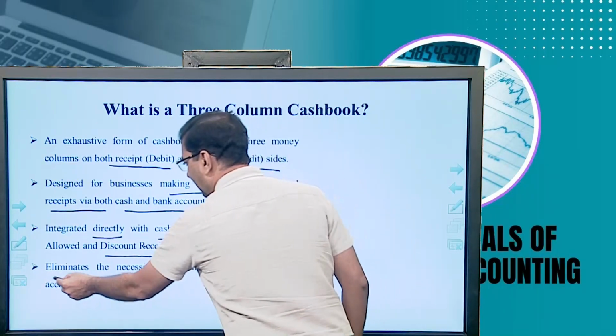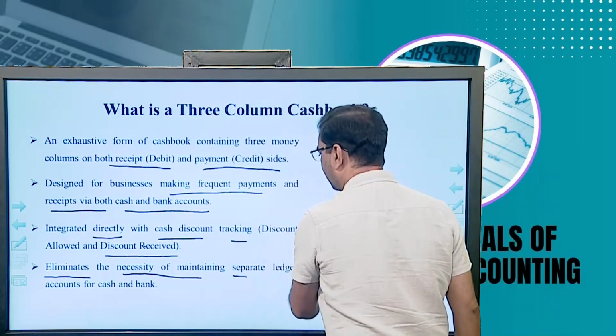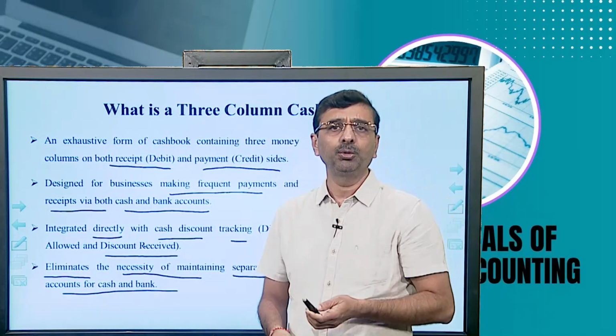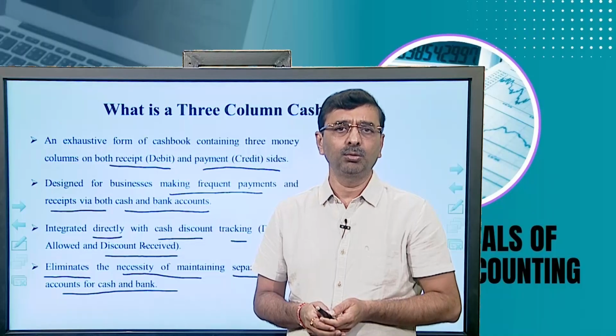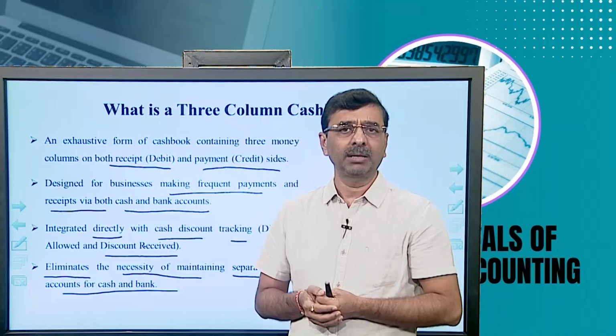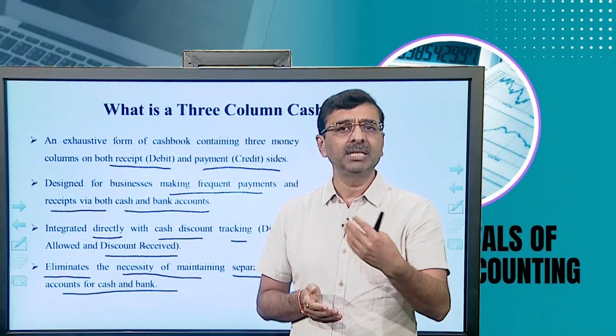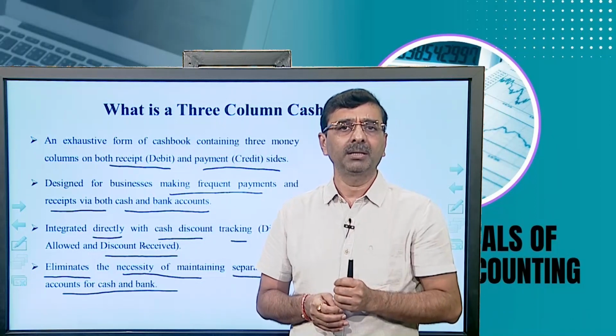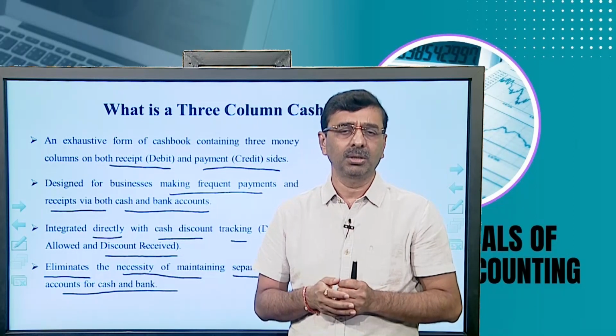It also eliminates the necessity of maintaining separate ledger accounts for cash and bank. In a very simple way, you don't need to prepare the cash book and bank book separately in the ledger book, because the three columnar cash book itself serves as those ledger accounts. You only have to prepare the discount received and discount allowed accounts in the ledger book.